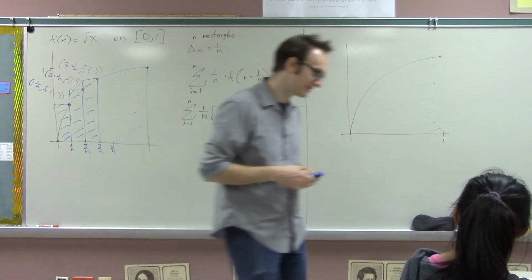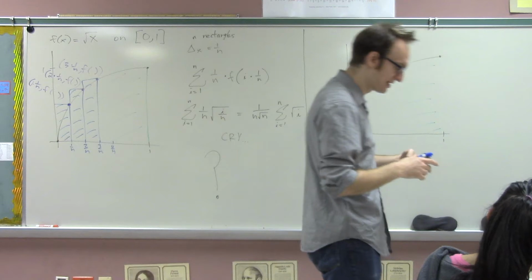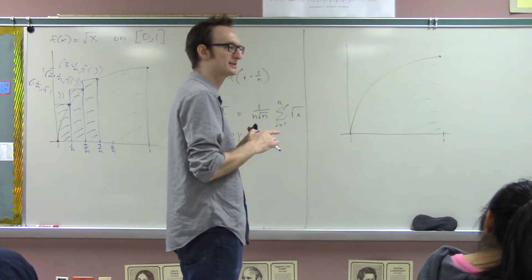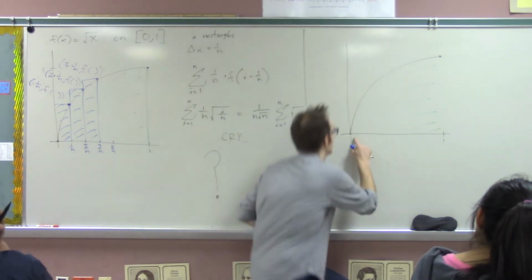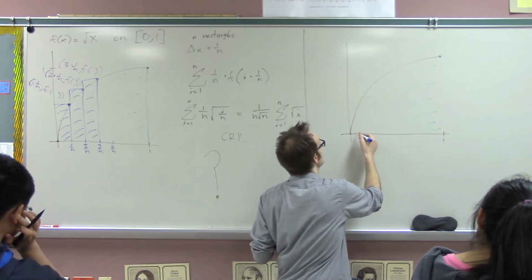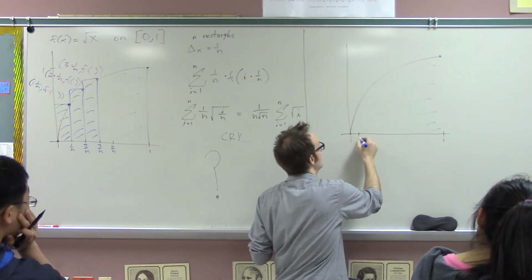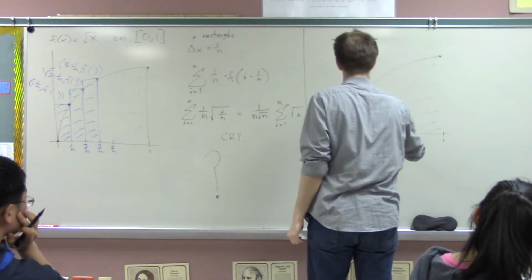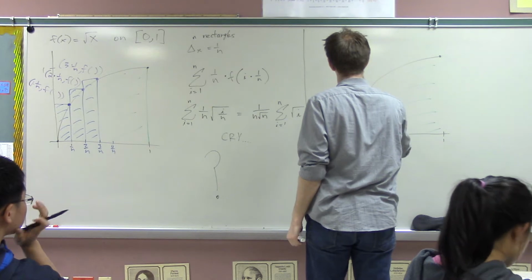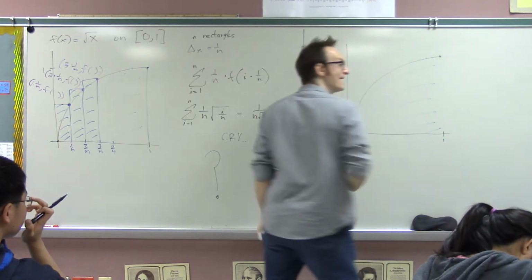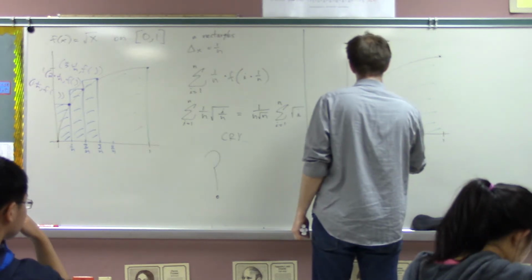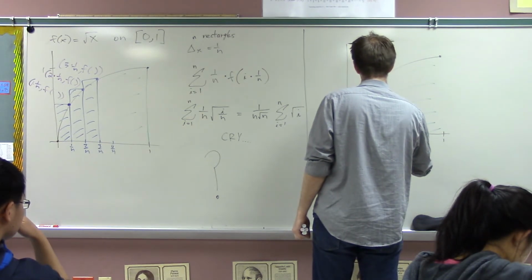Okay, so watch this and just behold the amazing, coolest idea ever. My first rectangle is going to be at 1 over n squared. My next rectangle is going to be at 4 over n squared.